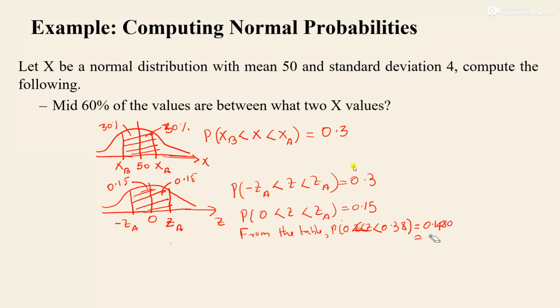It is approximately 0.15. Therefore, the probability of 0 less than Z less than ZA equals the probability of 0 less than Z less than 0.38.